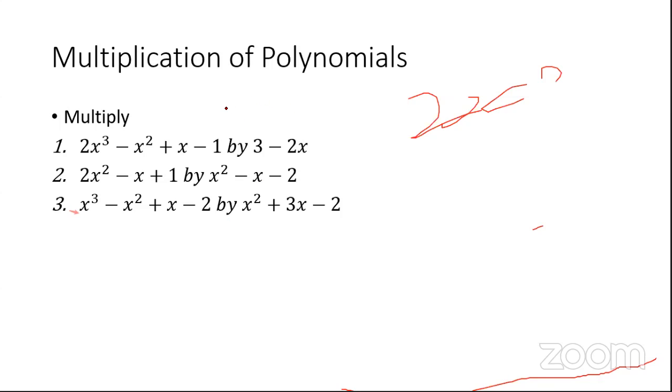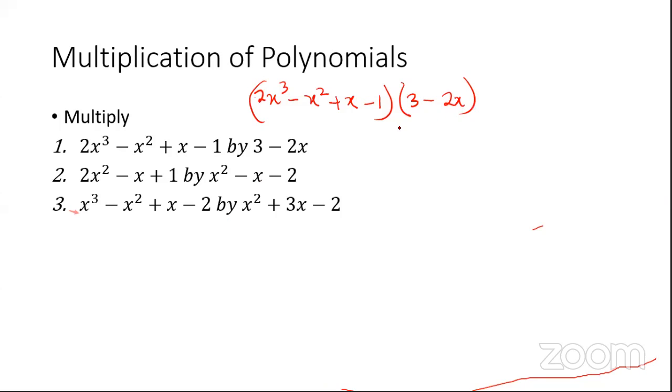So in this case, we are multiplying 2x raised power 3 minus x squared plus x minus 1. You are multiplying it with what? 3 minus 2x.